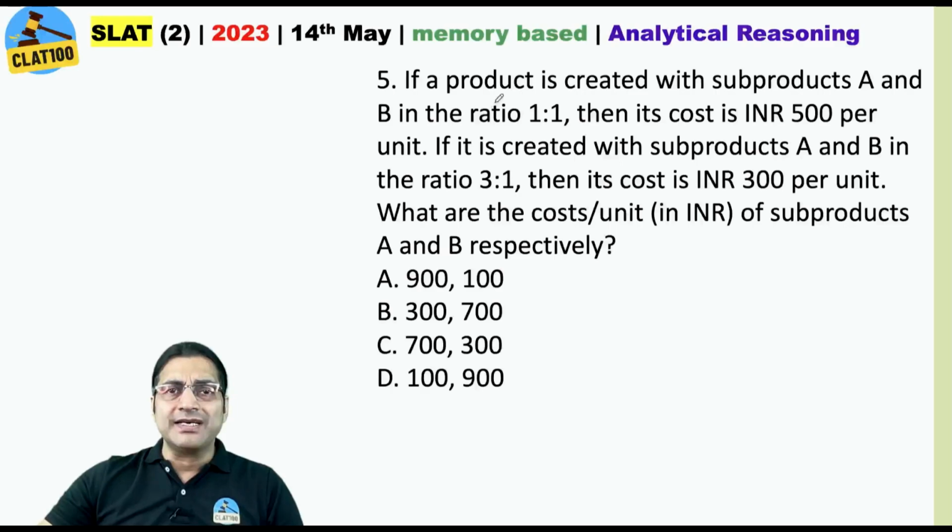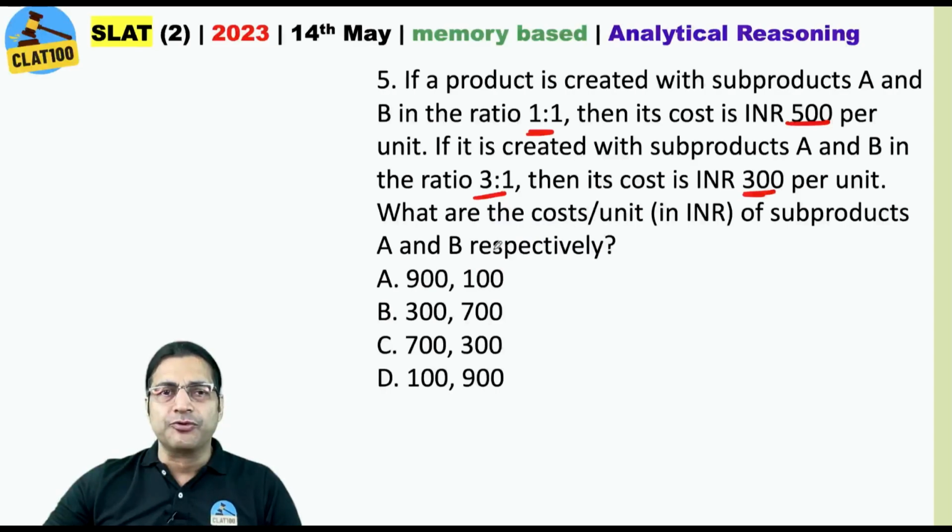If a product is created with subproducts A and B in the ratio 1:1, then its cost is 500 per unit. If it is created with subproducts A and B in the ratio 3:1, then its cost is INR 300 per unit. What are the costs per unit of subproducts A and B respectively? Alright.